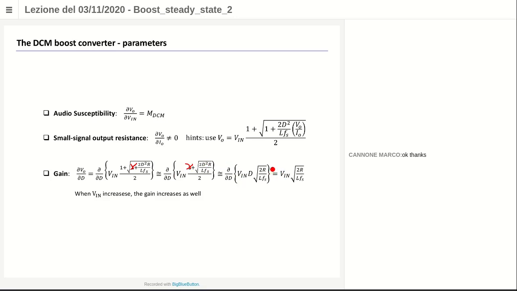Again, it is more or less an approximated, nearly V in over V expression. So the duty cycle increases as V in, a larger V in leads to an increase in this gain.